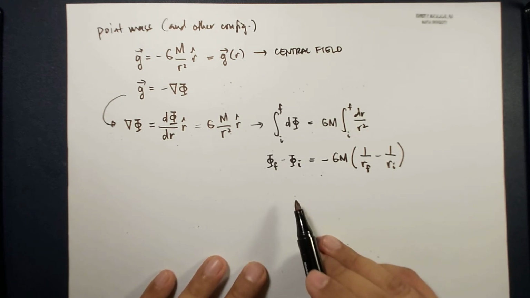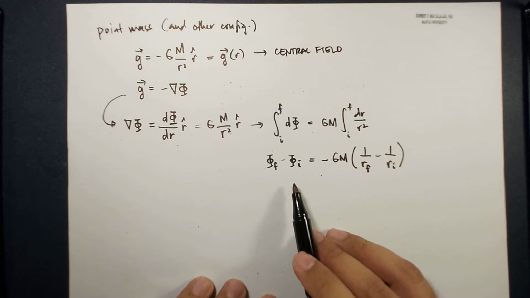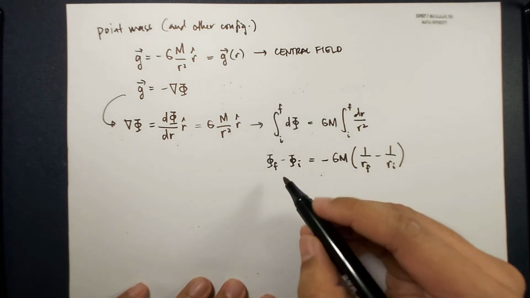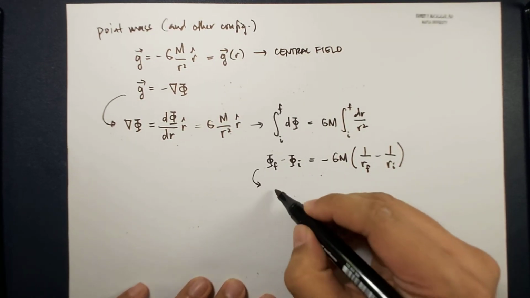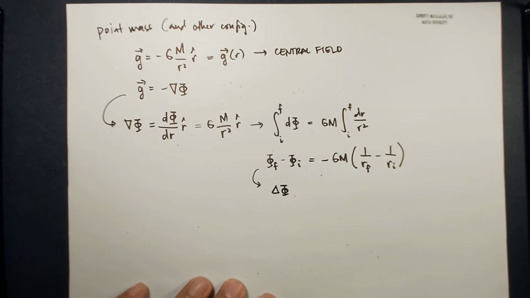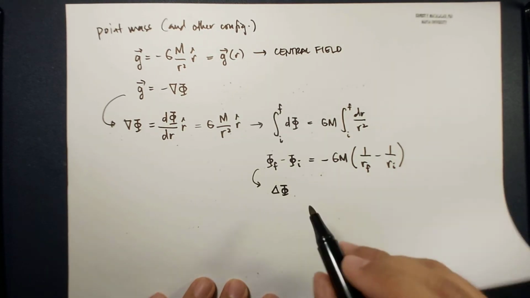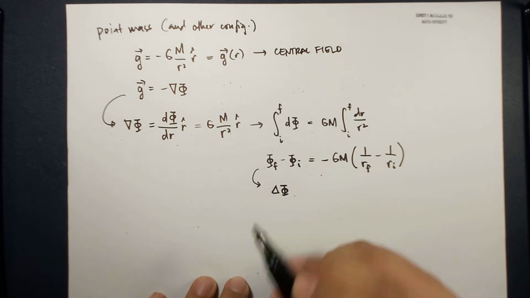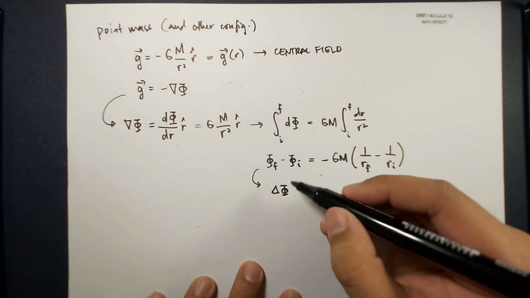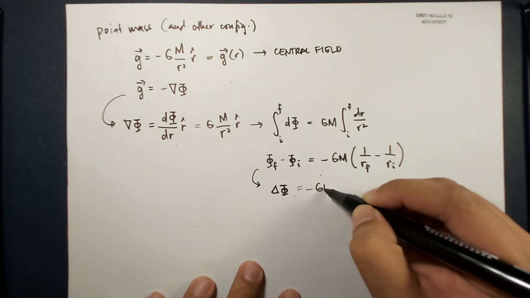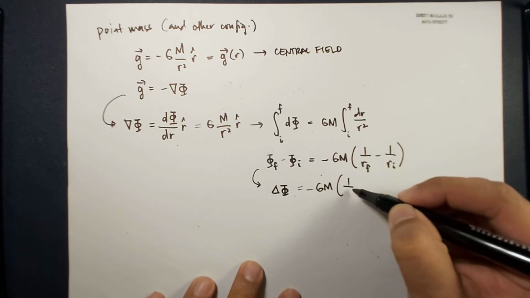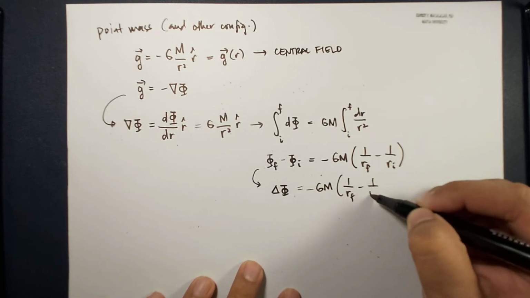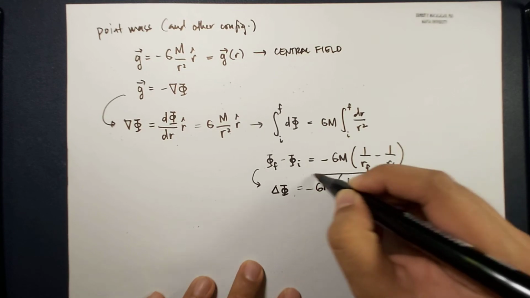What is more important is the potential difference between two points, as given by this equation, where the potential difference between the two points f and i is equal to negative G m times 1 over r f minus 1 over r i.